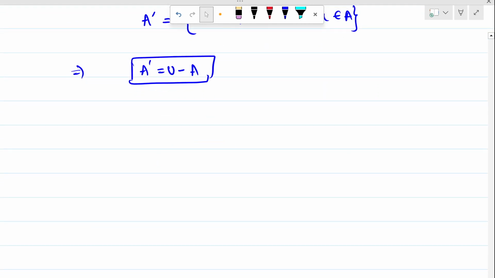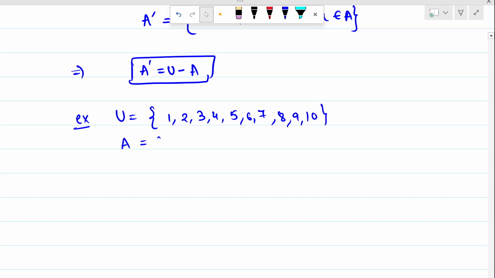For example, U is equal to 1, 2, 3, 4, 5, 6, 7, 8, 9, 10, and A is equal to 1, 3, 7, 9.